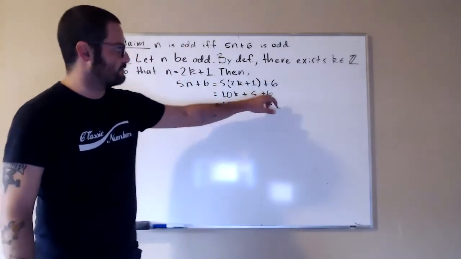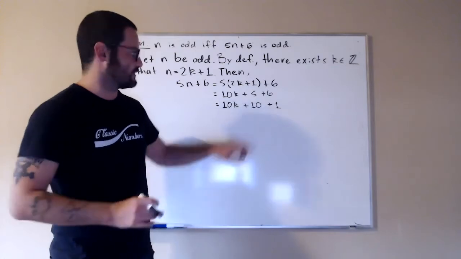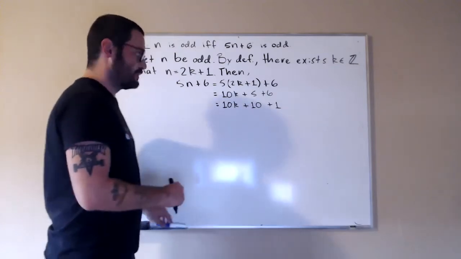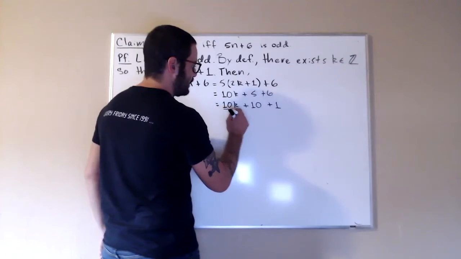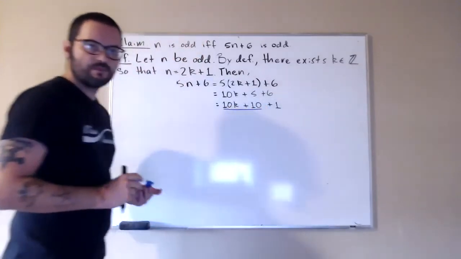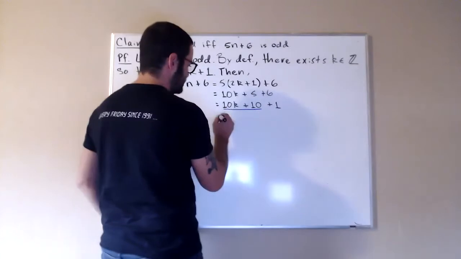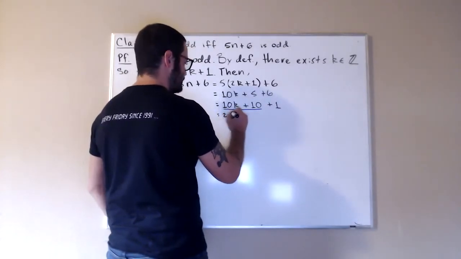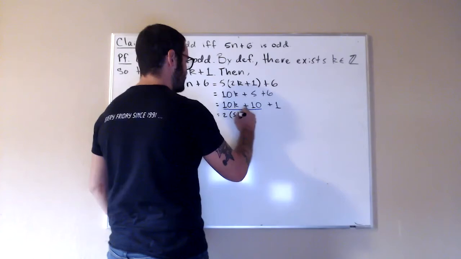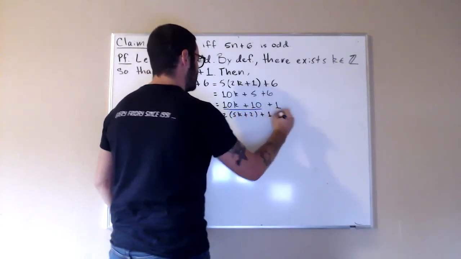So notice 5 plus 6, right, is 11, which is the same thing as 10 plus 1. But now, because I've grouped the numbers this way, I see there's a common factor of 2 between these parts of the equation. So then we see that this is equal to 2 times 5k plus 2, plus 1.